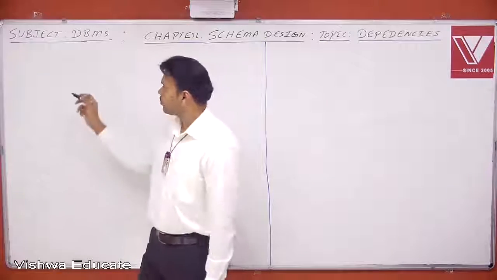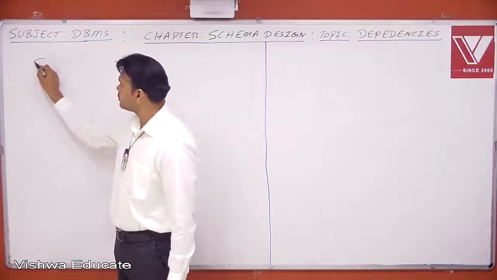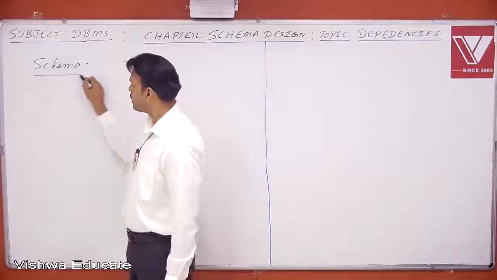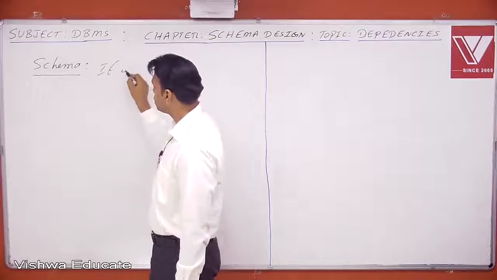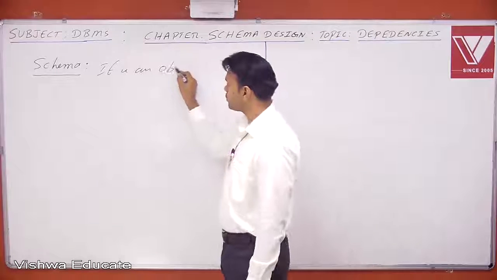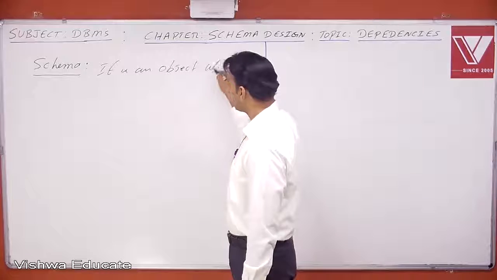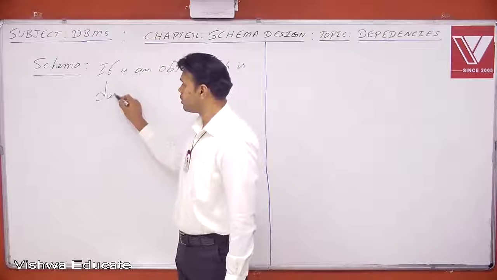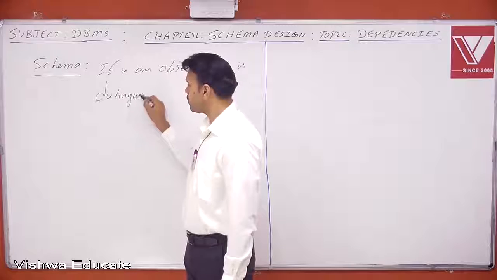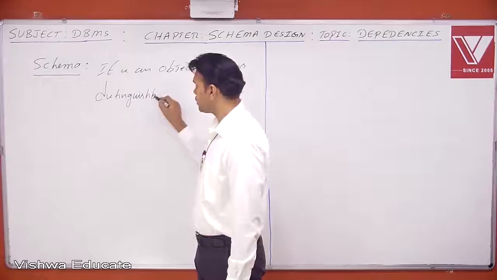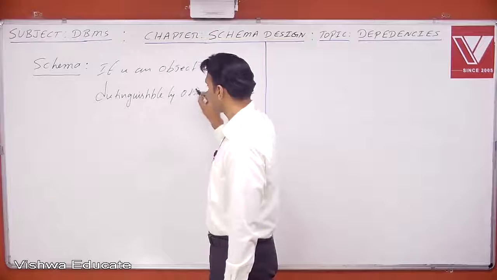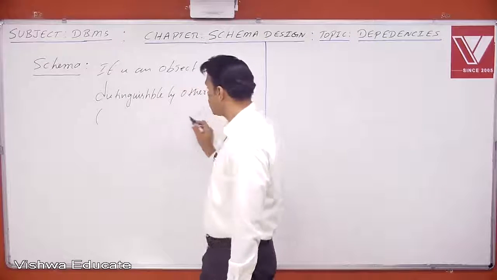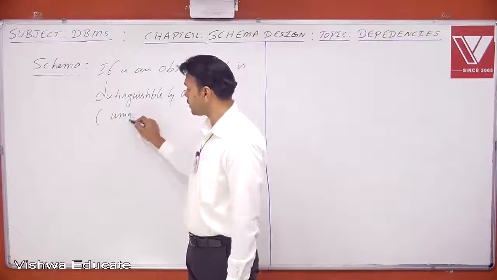If you look at the concept of a schema, a schema is nothing but an object which is distinguishable from others, which is nothing but uniquely identified.